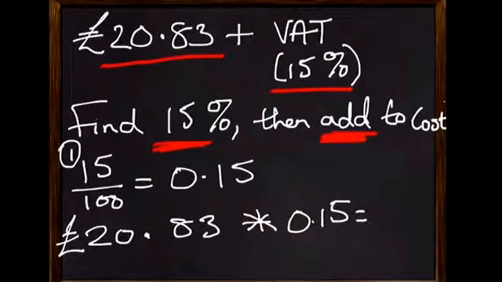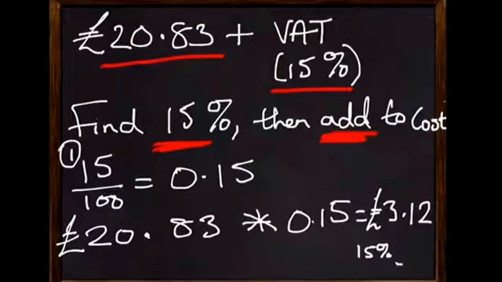Now on the calculator it came up as 3.1245, so you round that, not 3.13, 3.12. So that is, in money, your 15% value.